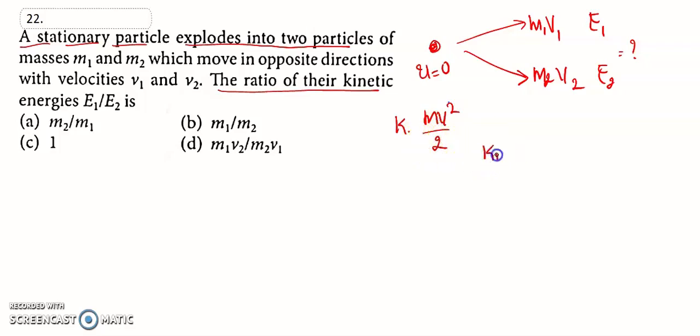ಹಾಗಾದ್ರೆ so that is K1 by K2 is equal to m1 v1 square divided by 2, over m2 v2 square divided by 2.